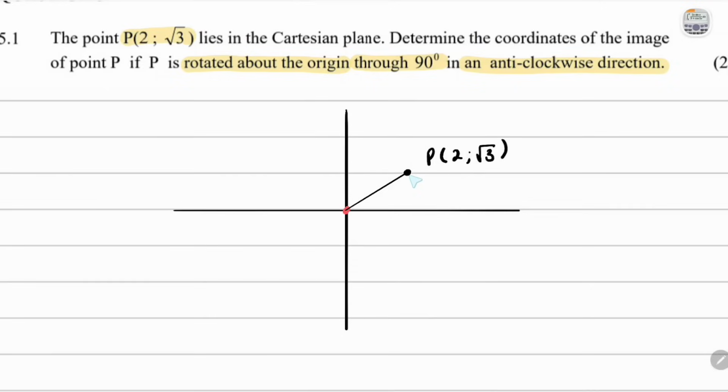And let's draw this line down to the x-axis so we can better understand this rotation. So this line is going to be rotated about that origin. When we connect these together, you will notice that they will form 90 degrees because it's being rotated about the origin through 90 degrees.